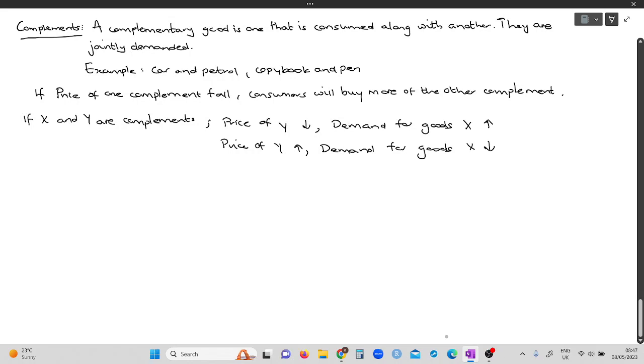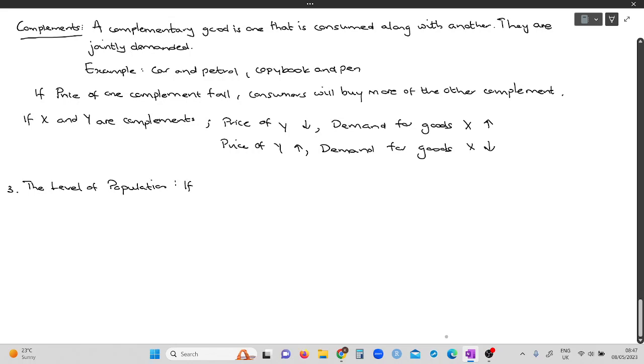D'accord? Donc next factor which influences demand: the level of population in a country. La quantité de personnes that live in a country. Definitely if the population size is increasing, the demand for many goods and services will increase. Donc demand for food, demand for housing, demand for education will increase.